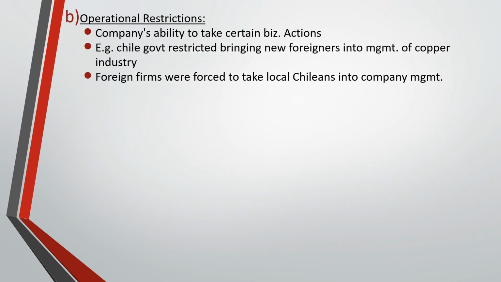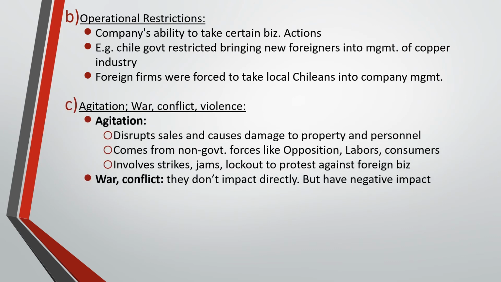Now coming to operational restriction, which limits the company's ability to take certain business actions. Example, the Chilean government restricted bringing new foreigners into the management of the copper industry. So the business firms were forced to take local Chileans into the company management.